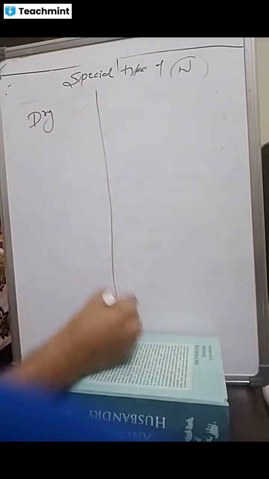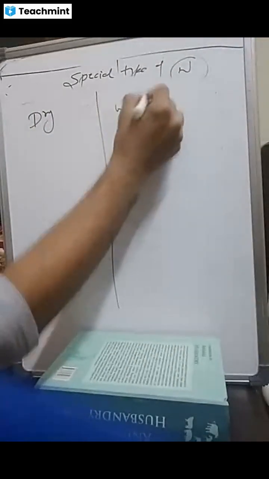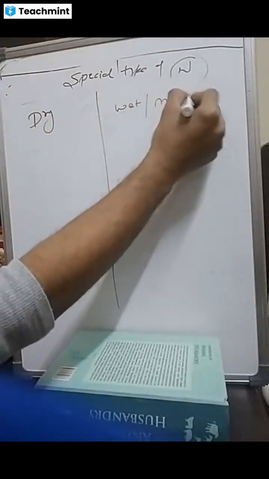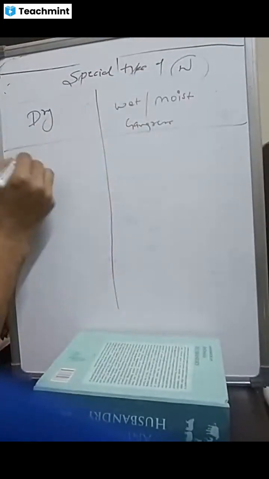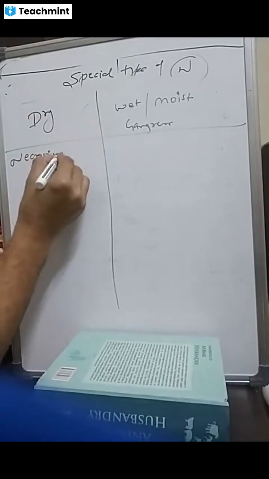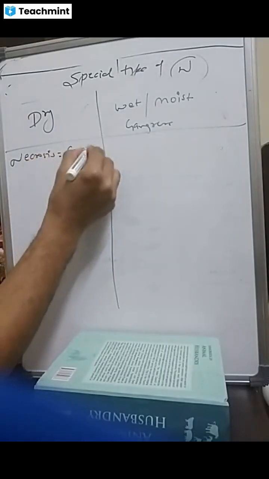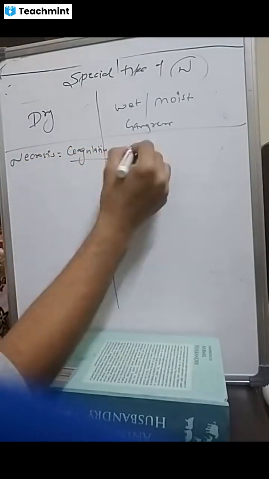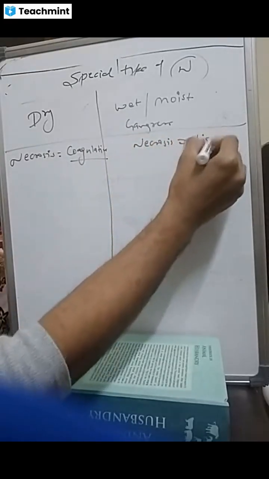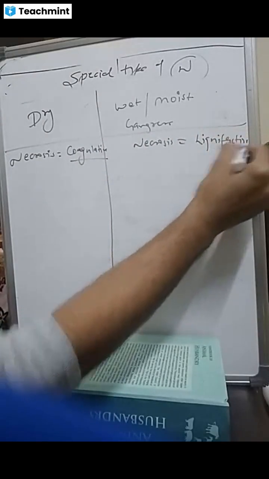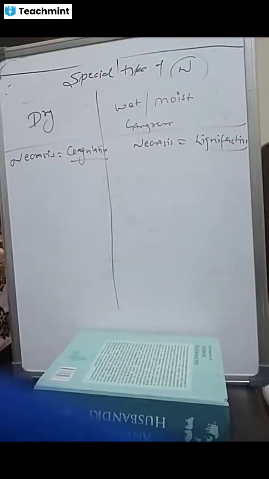Dry or wet or moist gangrene, because it is a type of necrosis. So which necrosis? Dry is coagulative. And which necrosis here? It is liquefactive. This is the first difference, coagulative and liquefactive necrosis.